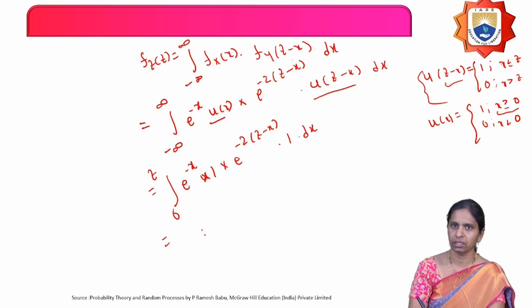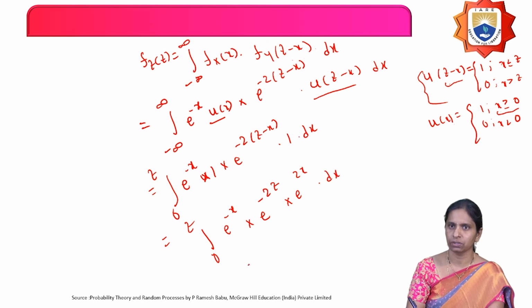So that equals the integral from 0 to z of e^(−x) into e^(−2z) into e^(2x) dx, which equals the integral from 0 to z of e^x into e^(−2z) dx.